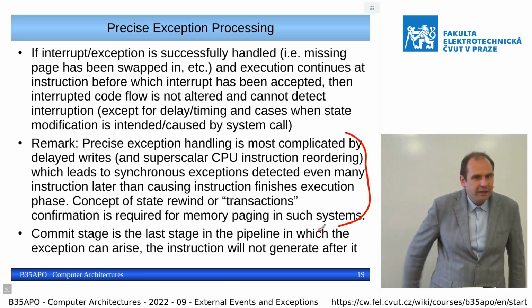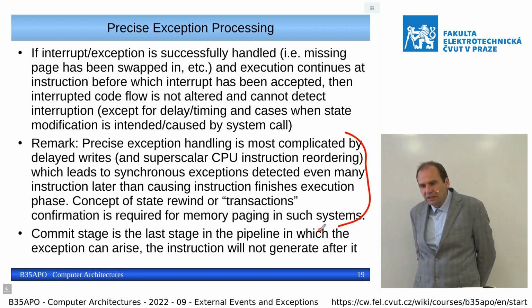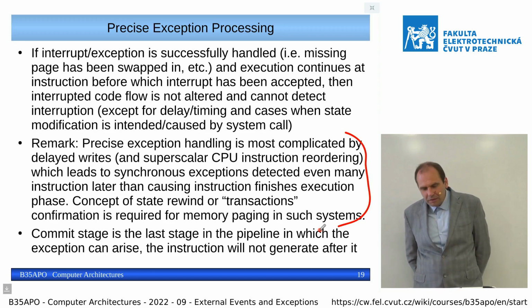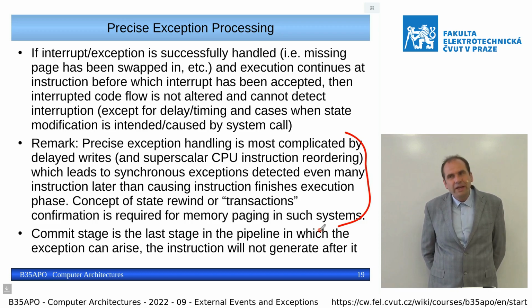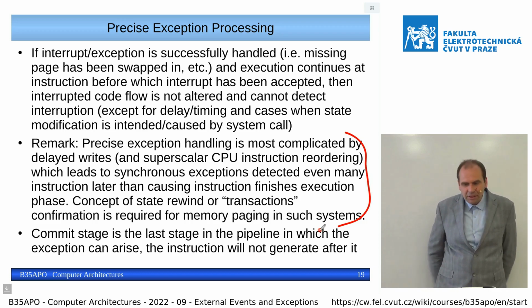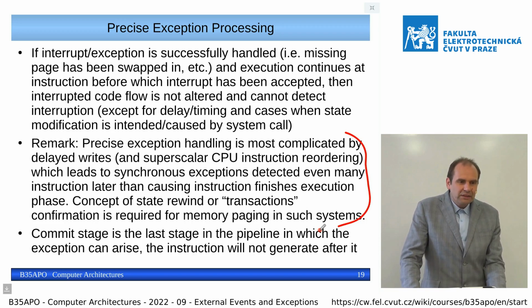If you do not have precise exception processing, then you cannot implement paging and swapping correctly. Okay, you can, but it is extremely complex. For example, the 68000, the first chip from this family of 32-bit processors, did not have precise exception processing.